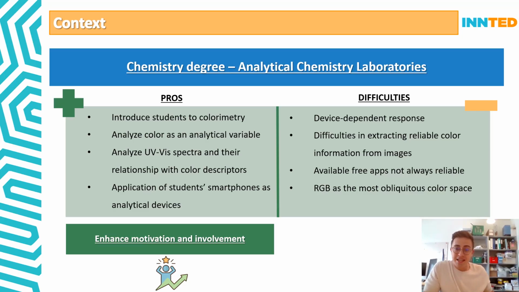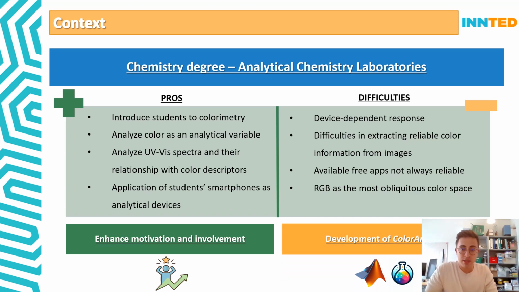There exist some available free applications, but those are not always reliable. The information that we can get from them cannot always be trusted. And also, those available free applications usually provide only the RGB color space. Despite RGB being really useful, there are many other color spaces which actually reflect color changes in a more adequate manner.